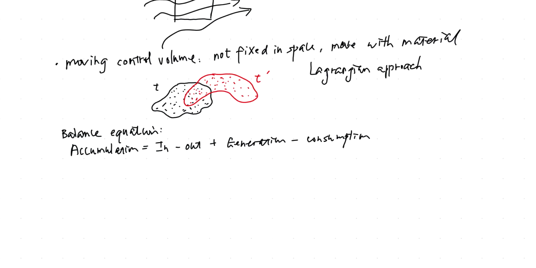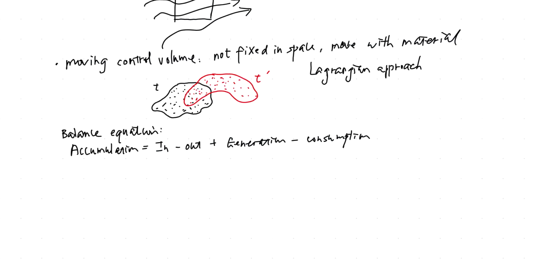The accumulation refers to any physical quantity that you are studying. If you are studying the conservation of mass, then the accumulation means the accumulation of mass within the system. If you are studying the conservation of energy, then the accumulation refers to the accumulation of energy within your control volume. The in and out means the quantity you are studying, either heat, mass, energy or momentum, which moves across the control surface.